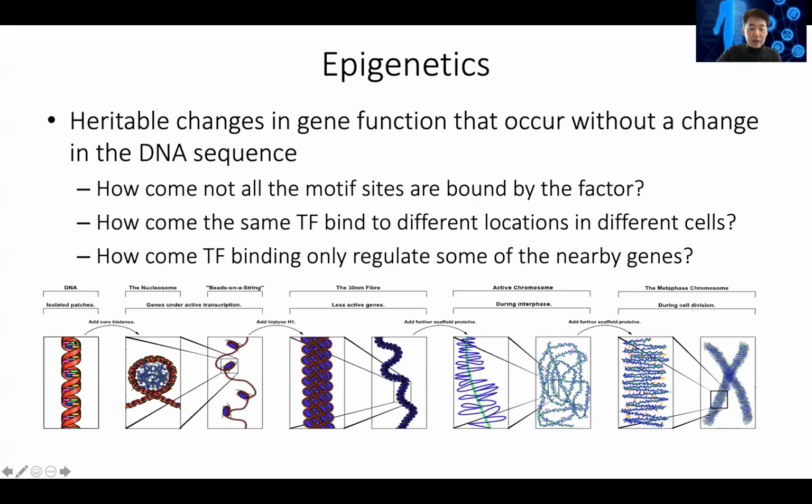If we only look at the DNA sequences, pretty much all the cells and all the individuals have the same DNA, but this is packaged at different levels of chromatin. The very basic unit of chromatin is called a nucleosome.